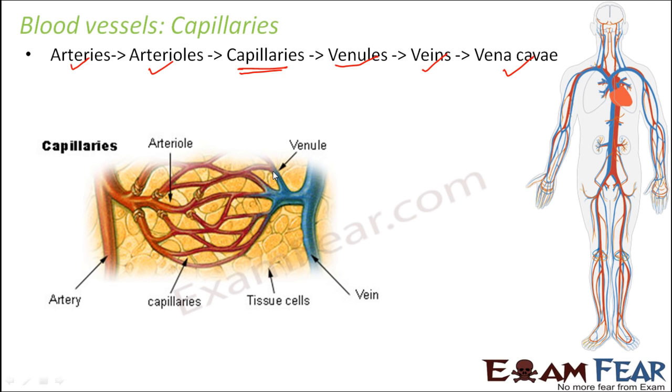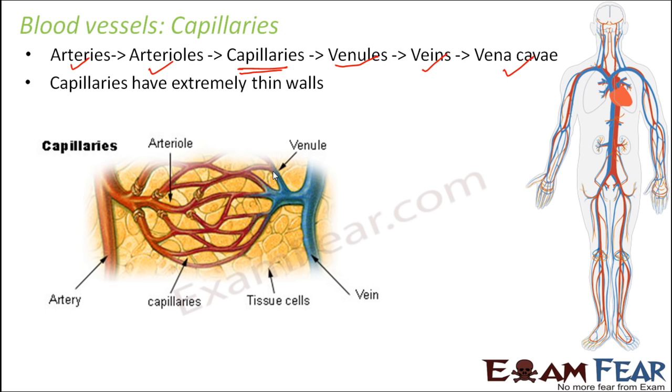The capillaries are the ones which have the thinnest walls. Therefore, exchange of gases, nutrients or excretory products, everything becomes very easy across the capillary wall because the walls are very thin. So extremely thin walls of the capillaries are going to be very useful, and it is because of these thin walls of capillaries that the concept of lymph also comes into picture.